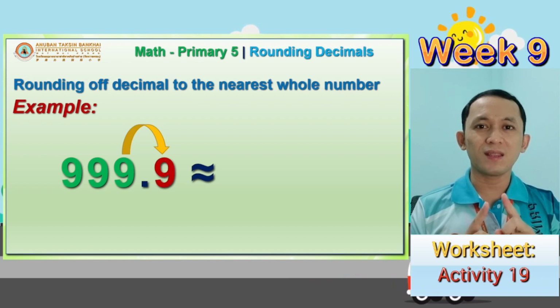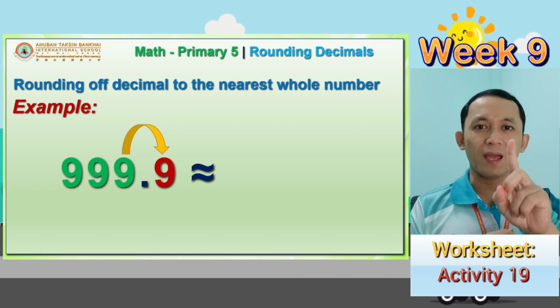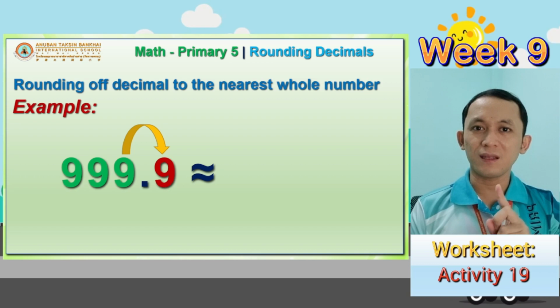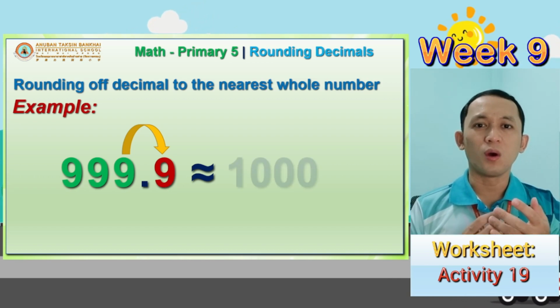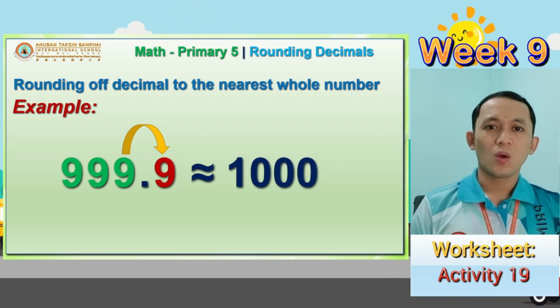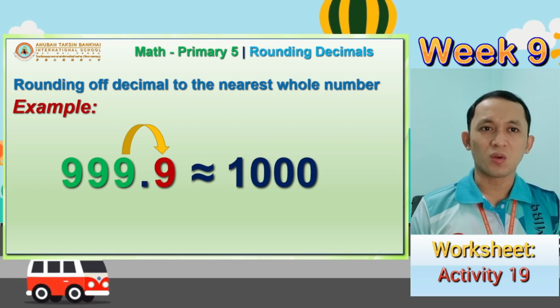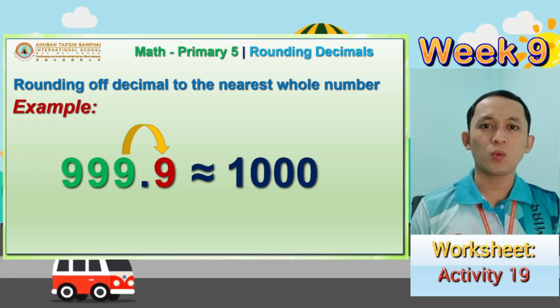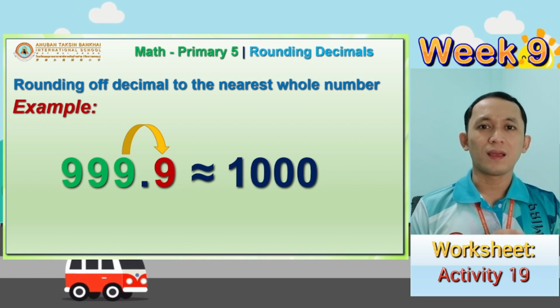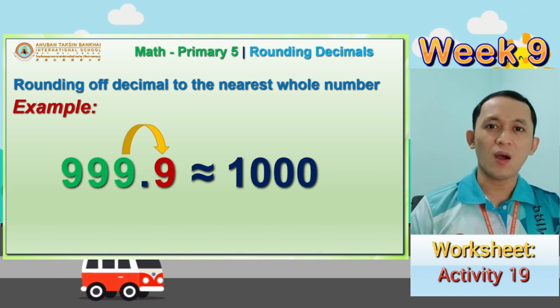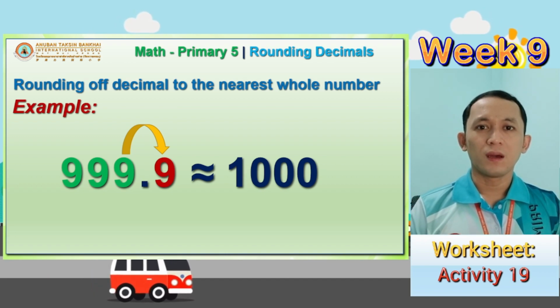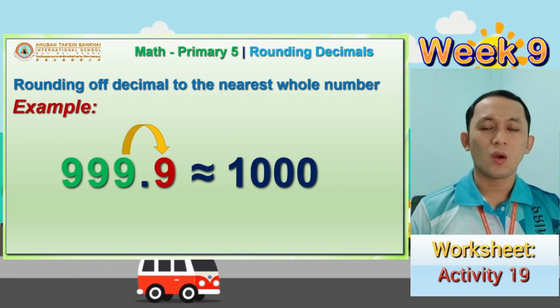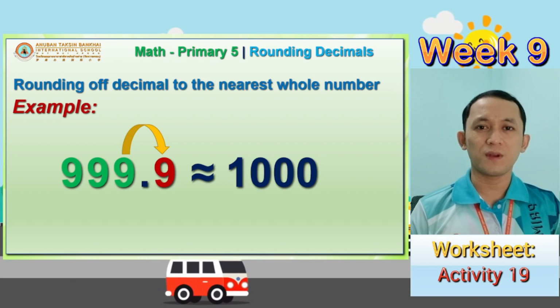So 99 plus 1, of course, we have 100. So 99.9 is approximately equal to 100. So that is how we round off decimals to the nearest whole number. That is very, very easy.